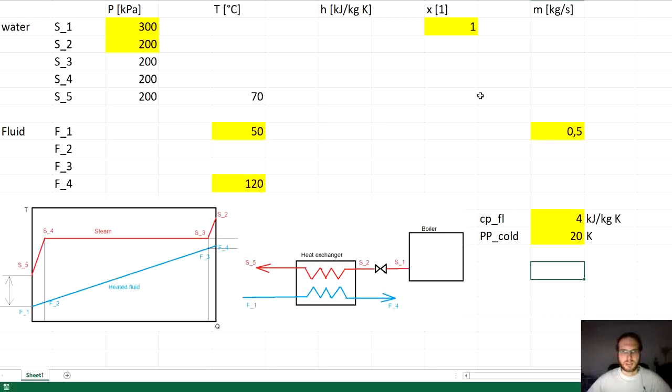Now let's go back to our table. So now when we know that the points 3 and 4 are at saturated steam and saturated liquid, we can put these parameters in here. So the quality at the point 3 is 1 and at the point 4 is 0. Okay, now is the time when we will need to get the thermodynamic parameters.